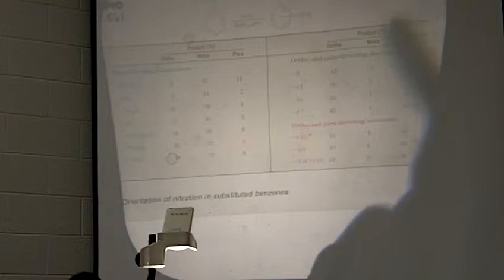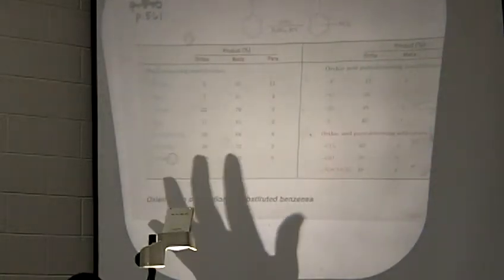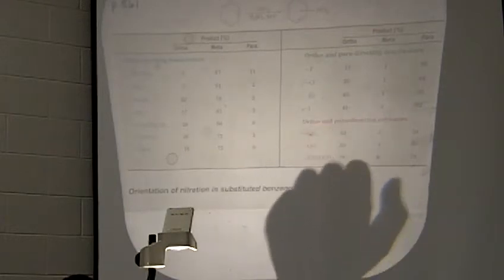And we're just talking about electron density, okay? So we're not saying it's going to donate a whole charge to the ring, it can just stabilize it with a little bit of electron density that it can contribute to the ring. So for right now, don't worry about the rest of these as far as our reaction is concerned. This is what is important for what we're doing in lab this week, okay? But like I said, they're going to go through in lecture all of this information, all right?